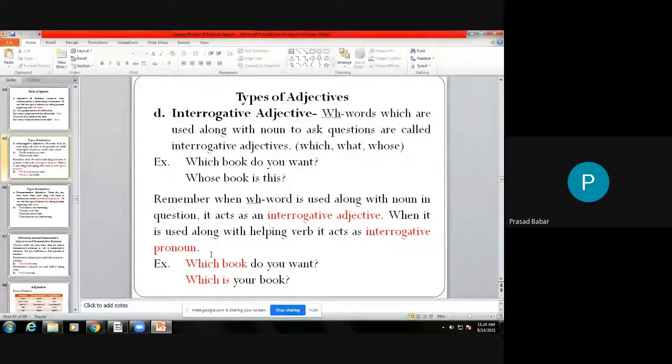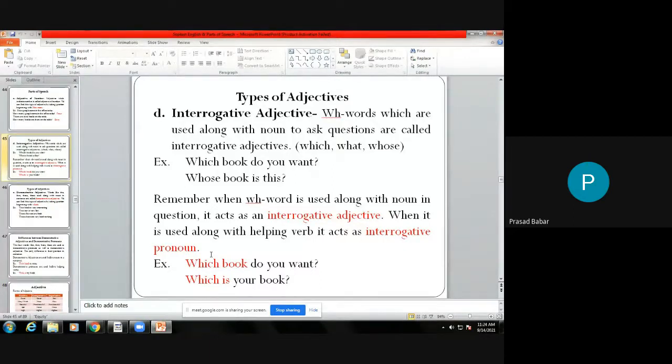Then fourth adjective type is interrogative adjective. So these are the adjectives which start with the WH word, and which are used along with the noun. So interrogative adjectives generally come along with noun in the sentence.